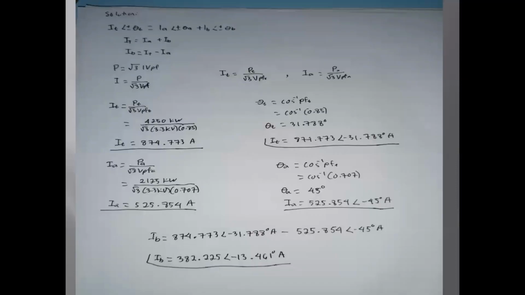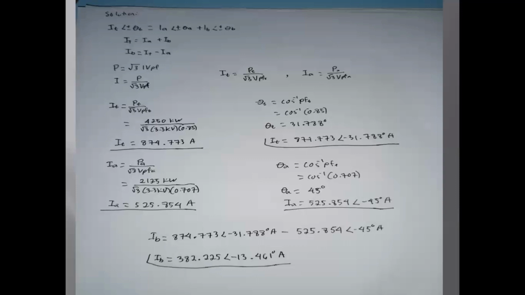Then next is IA. IA is equal to PA over square root of 3 times V times PF, which is 2,125 kilowatts over square root of 3 times 3.3 kV times 0.707. So IA is 525.845 ampere.